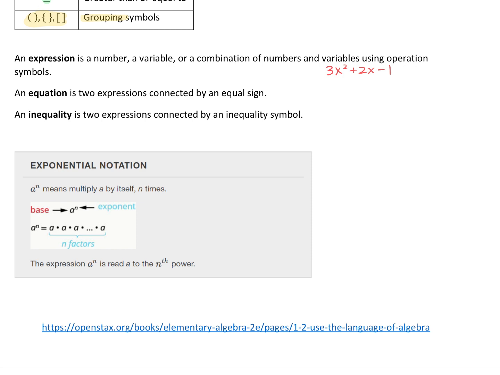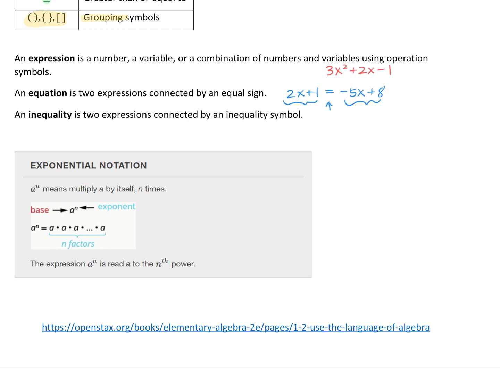An equation is two expressions connected by an equal sign. So I would have an expression over here equals some expression over here. That would be an equation because of the equal sign. You have an expression on the left and an expression on the right, and they're connected by this equal sign.